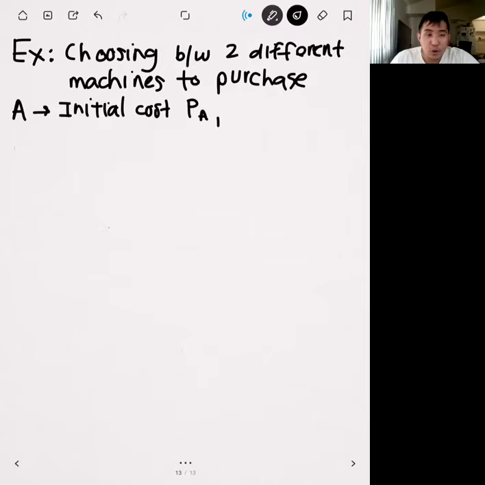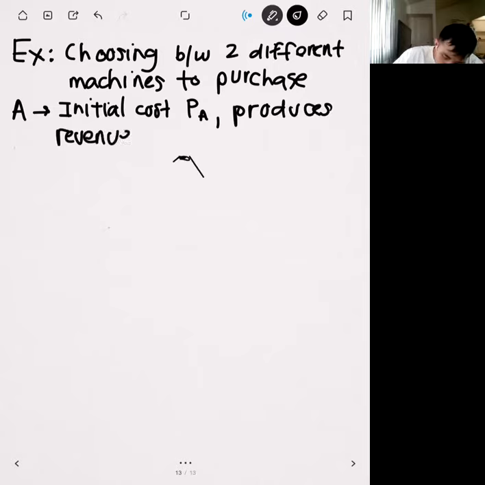And this machine, once it starts producing product, will make you a revenue of AA. In addition to that, we'll say that we can salvage it at the end for FA.